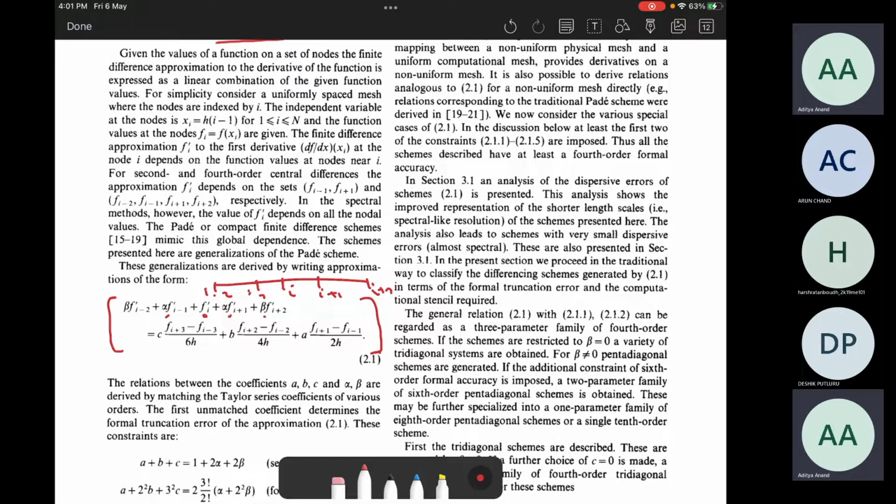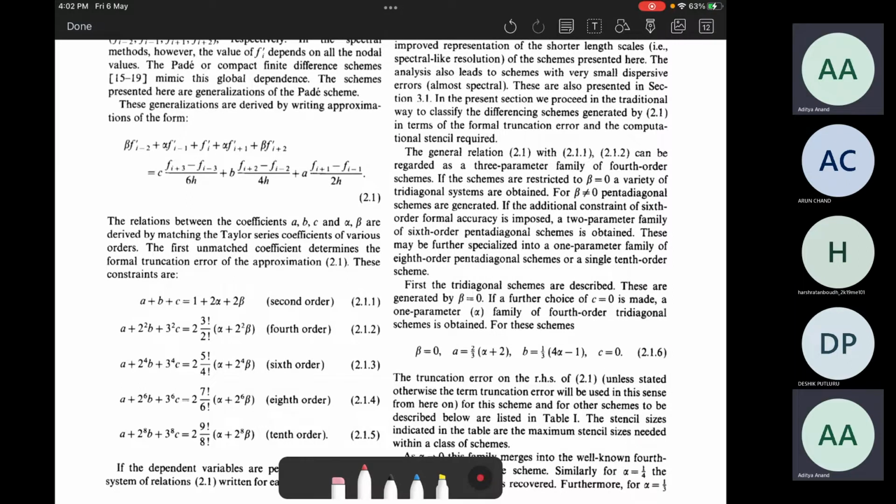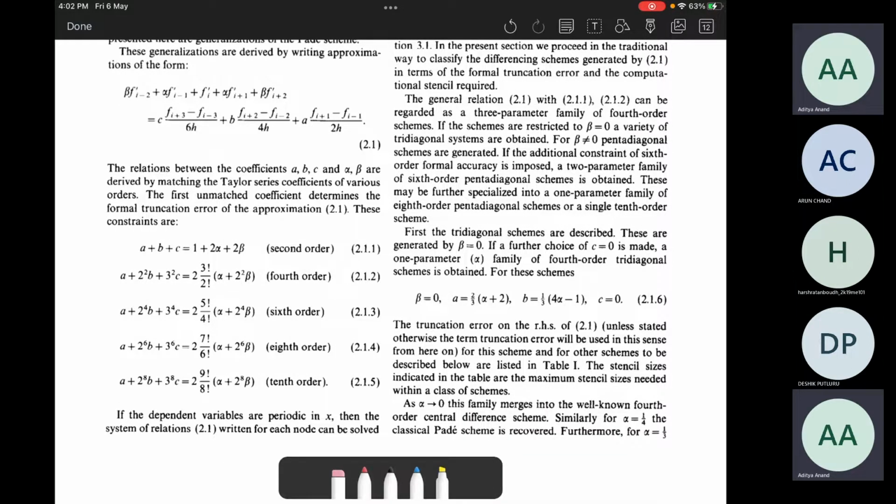So as per this expression, what you get is a family of finite differencing schemes. You can change these parameters alpha, beta, a, b, and c, and get several schemes of varying degrees of order. So if this is the relationship between your a, b, c and alpha, beta, you get the second order differencing scheme.